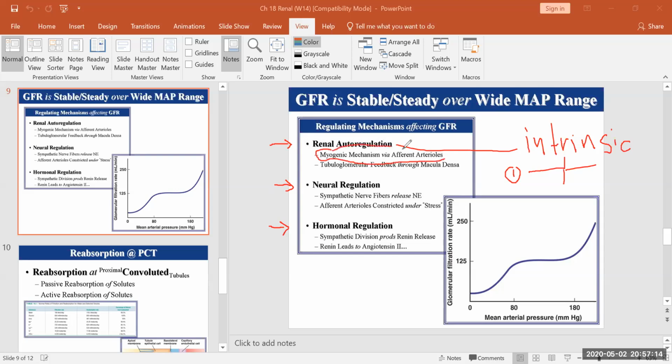This is the same that we learned in the previous unit. The walls of the afferent arterioles contain smooth muscle. When blood flowing into the afferent arteriole has high pressure, it will expand the wall.